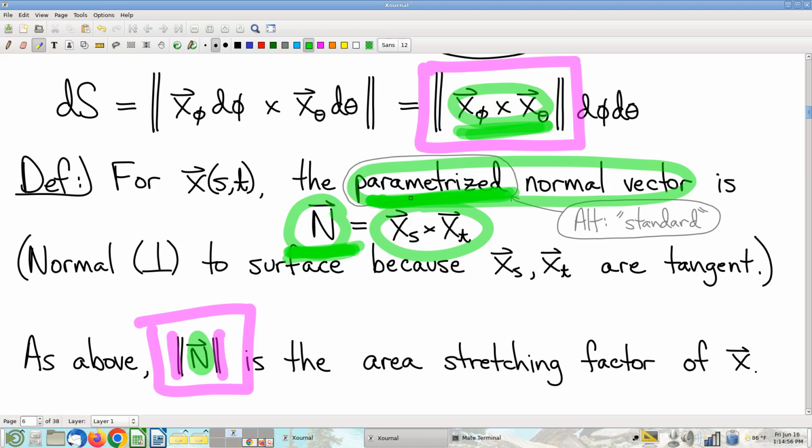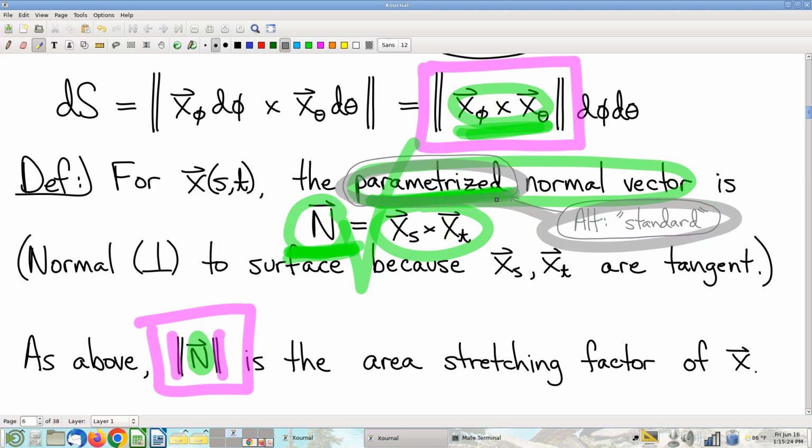This specific one here is the one that comes out of this specific parameterization. So when you have a parameterization, I think it makes sense to call this the parameterized normal vector. Now, FYI, our book makes a different choice here. Our book calls this the standard normal vector instead of the parameterized normal vector.